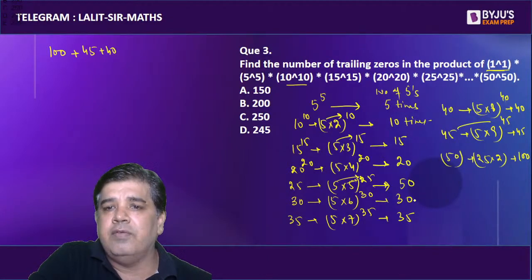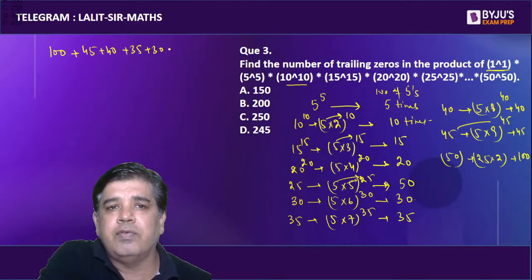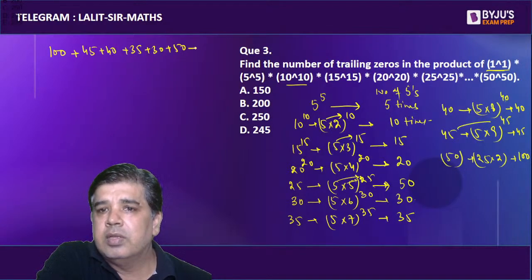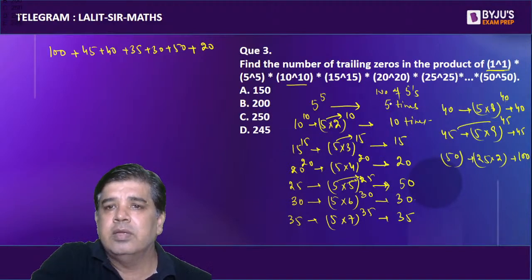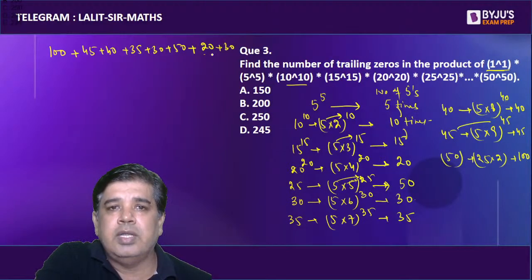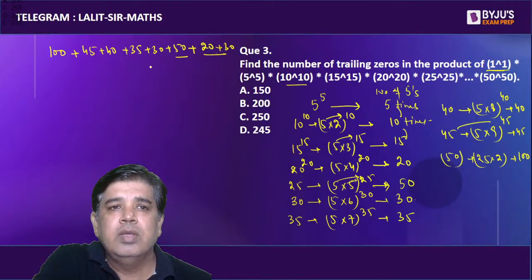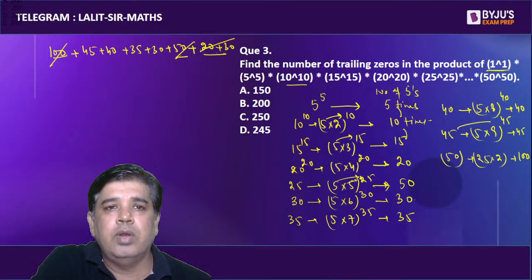Here we have 35, 30, 50. Then we have 20, 15 and 15 again, 30. So 30 and 20 is 50, and 50 is 100. This is also 100, so 200.